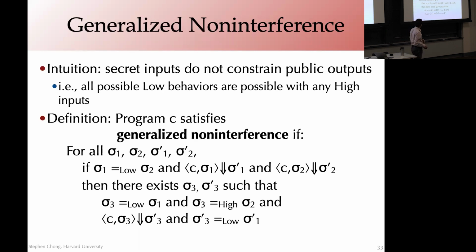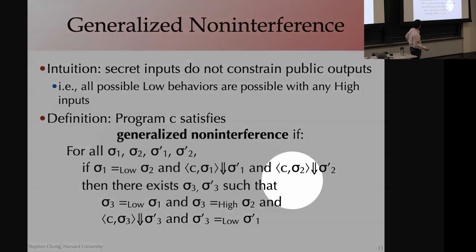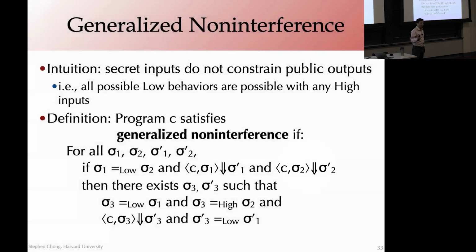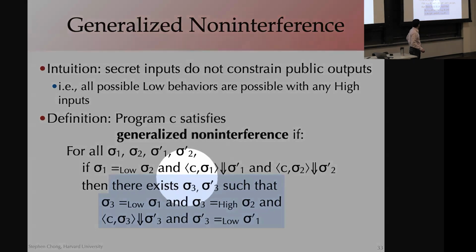What it's saying is that if I have two executions from sigma 1 and sigma 2, where sigma 1 and sigma 2 are low equivalent, then I can actually come up with a third execution, a store sigma 3, which is low equivalent to sigma 1, and has all of the secret inputs from sigma 2.